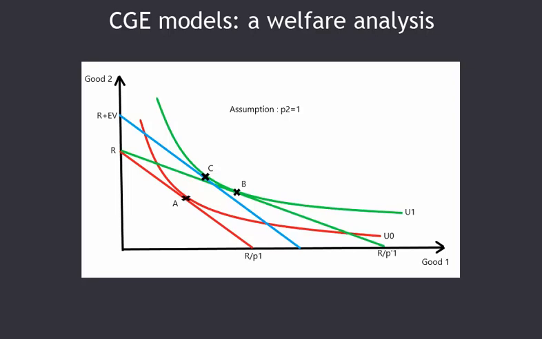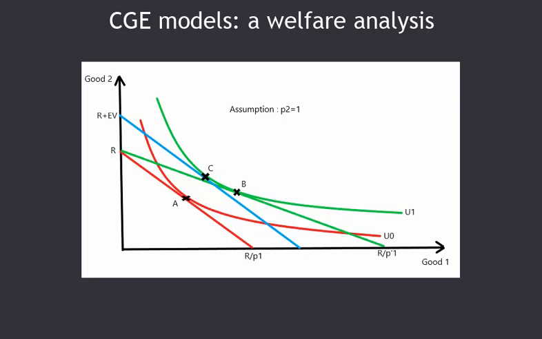So we can say EV is the supplement of income, such that the consumer is indifferent between a situation where he has this income R plus EV and faces the initial prices, and a situation where he has an income R and faces the final prices.